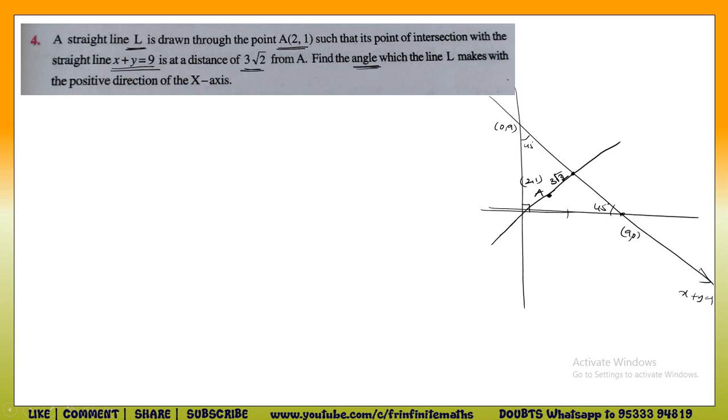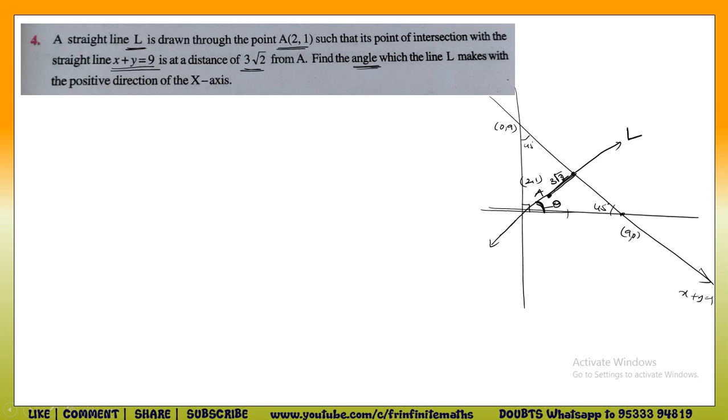So this is my point (2, 1) and it is at a distance of 3 root 2 from the line x plus y is equal to 9. Now this is my line L. Now he is asking you to find this angle, so this angle theta I need to find.